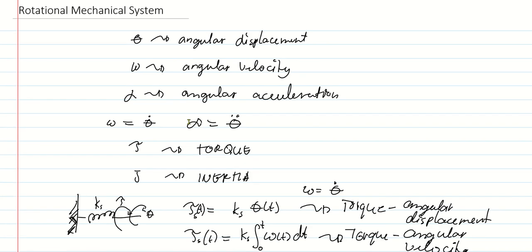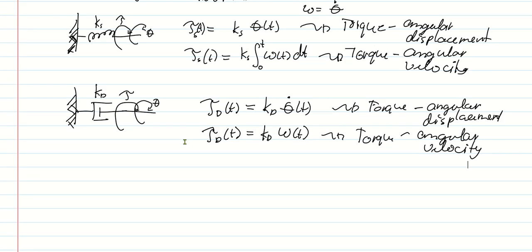Then for the mass, instead of mass, we have the inertia. So if we have an inertia here, if I rotate this, I've applied torque, then this is also my displacement. If this is J, the inertia of this mass, then the torque that resists that will be, like in translational, mass times the acceleration.